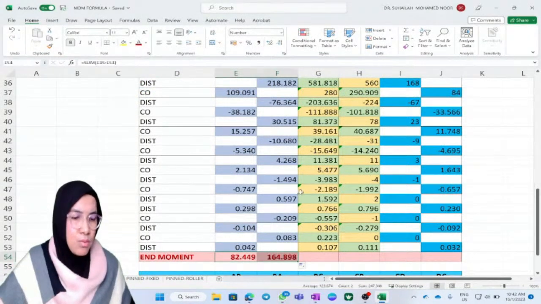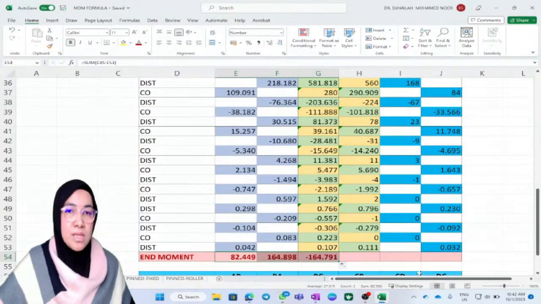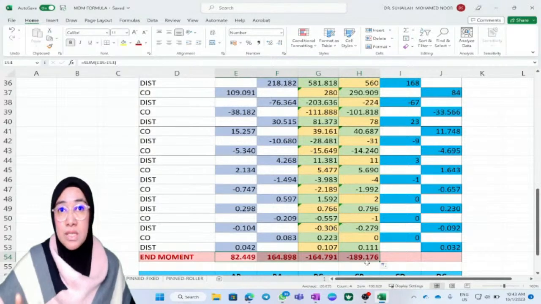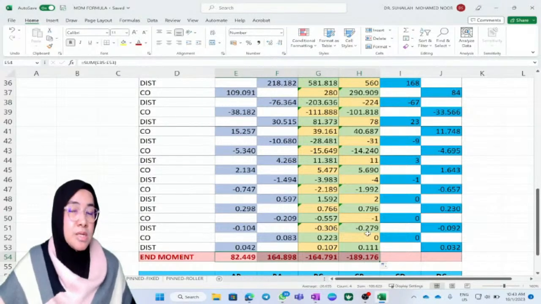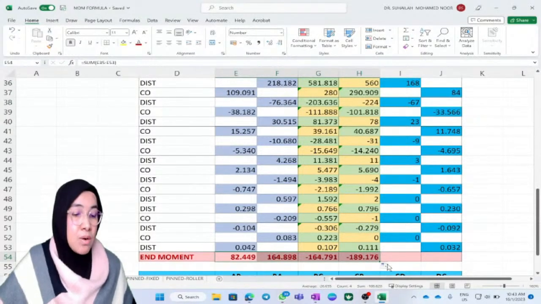For BA, we get 164.898. And for BC, negative 164, total must be equivalent to 0. Because this one we don't consider the joint moment. This is due to support settlement. 189.176, so we should get positive.